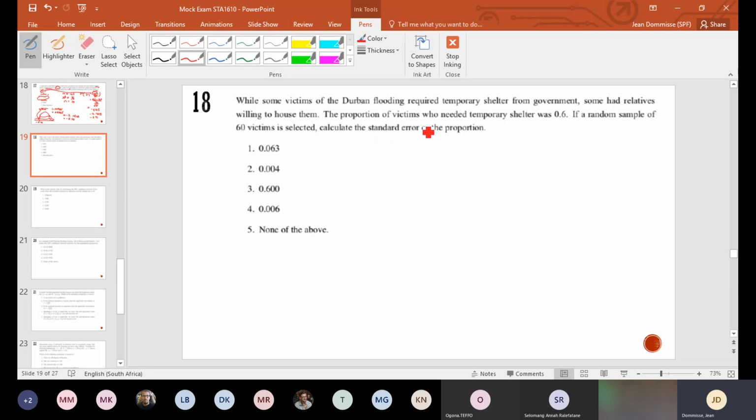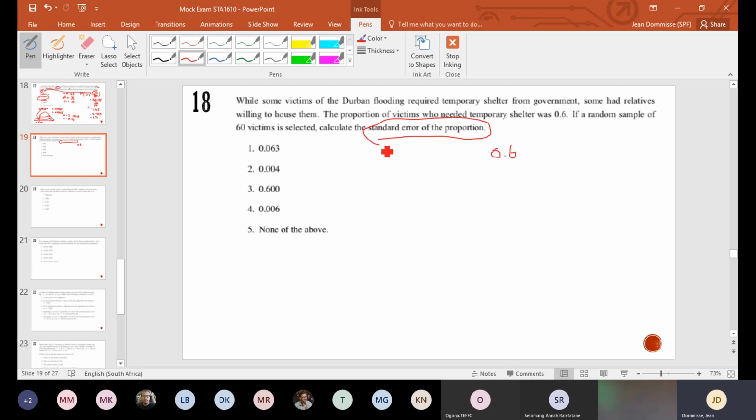The proportion of victims who needed temporary shelter was 0.6. If a random sample of 60 victims is selected, calculate the standard error of proportion.